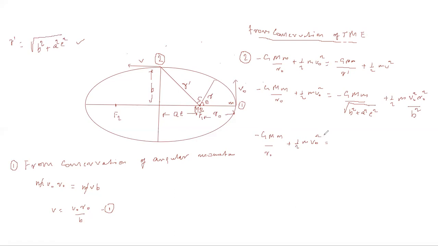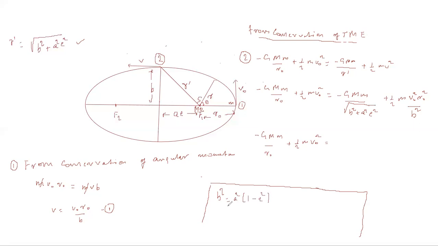Now we will use a relation that b square is equal to a square into 1 minus e square.